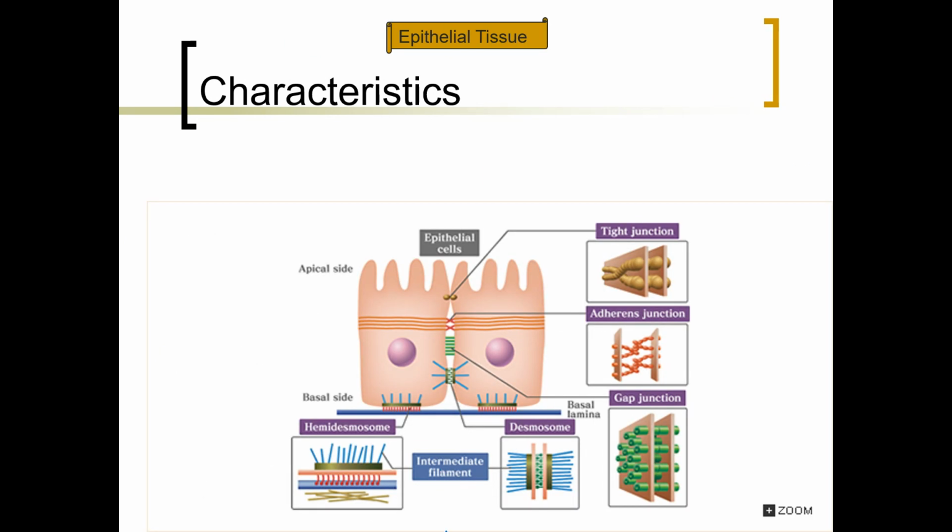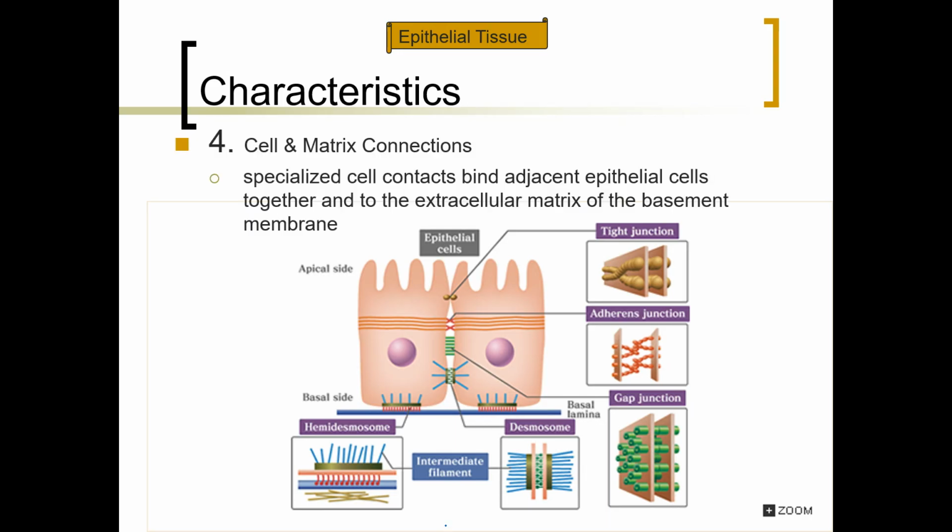This is a busy slide. I'm not going to ask you for everything on the slide, but I just want to make sure that you understand that epithelial tissue is not only just pushed up against other epithelial cells, it's actually physically connected to other cells and structures. So there's some physical connections here. And let me just kind of give you an example. If y'all have ever had a burn of some kind, maybe even a sunburn, you can see that your skin, you can kind of peel the skin off as it's healing.